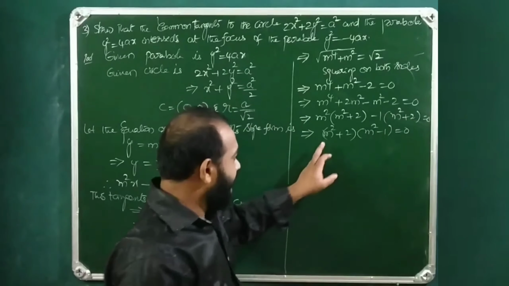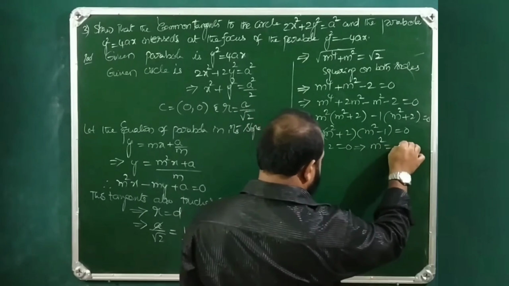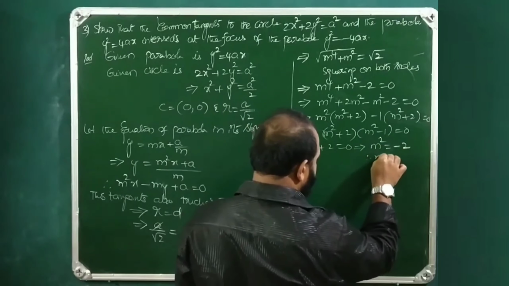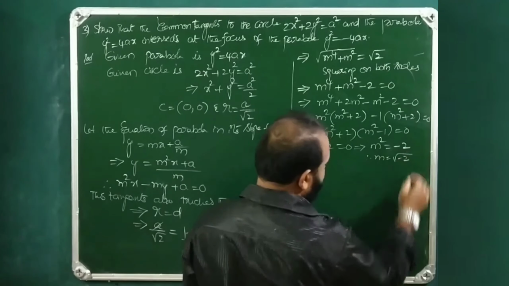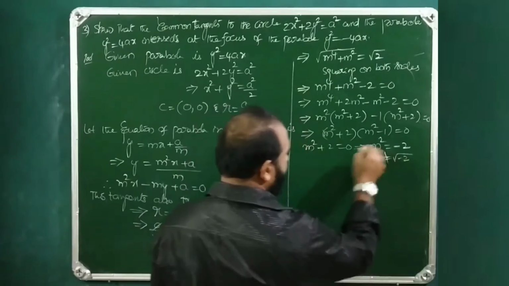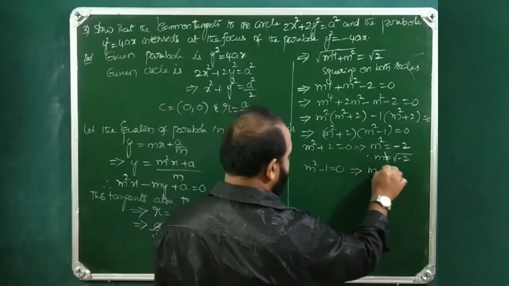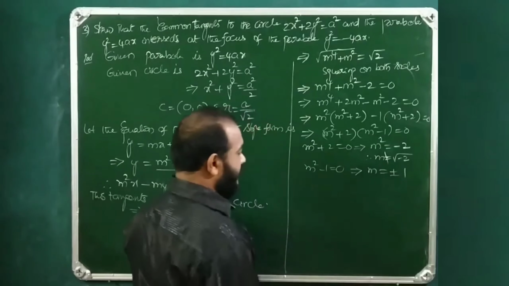Therefore, m square plus 2 equals 0, m square is equal to minus 2. Therefore, m equal to square root of minus 2 is not possible. Therefore, m square minus 1 equals 0. Therefore, m is equal to plus or minus 1.